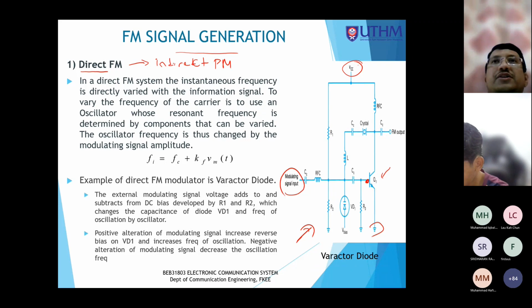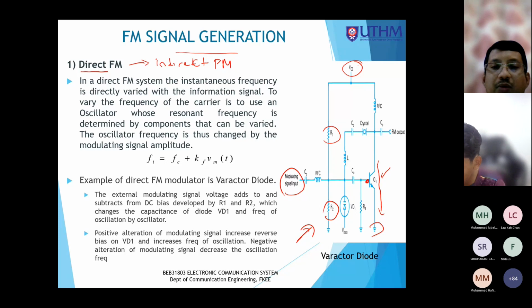If the voltage at the base is more than the threshold voltage, the current can flow from collector to the emitter side. In this case, we have R1 and R2, which will add to and subtract with the modulating input signal.